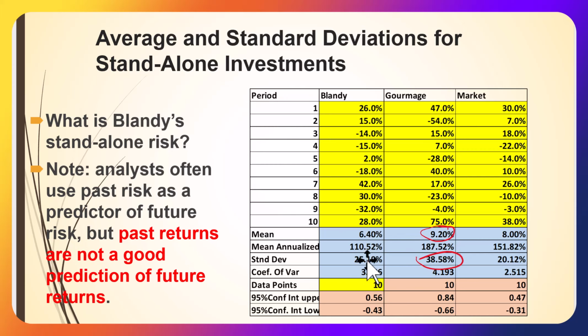The standard deviation, 25.1, almost 25.2 for Blandy, 38.6 for Gourmand. So we can see that definitely Gourmand is a more risky stock. So again, analysts often use past risk as a predictor of future risk, but past returns are not a very good predictor of future returns.